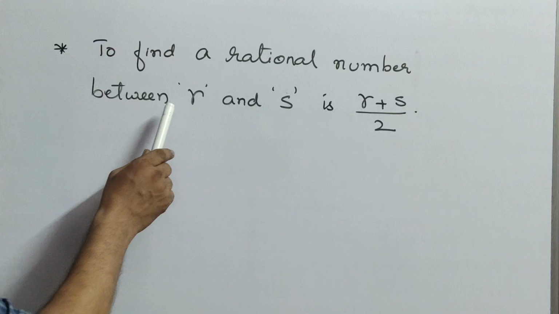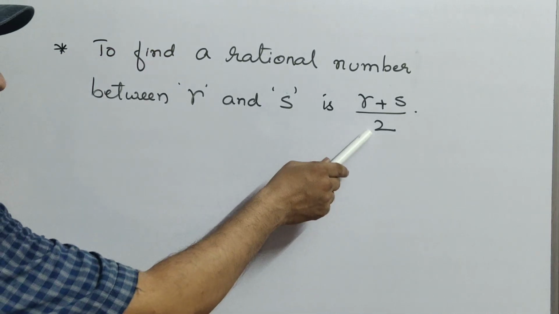That means whatever numbers they are giving, we have to add them and divide by 2.